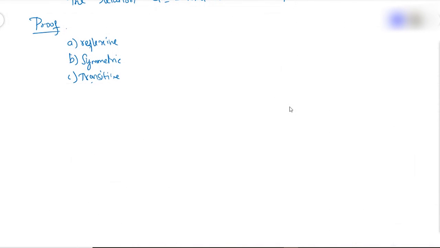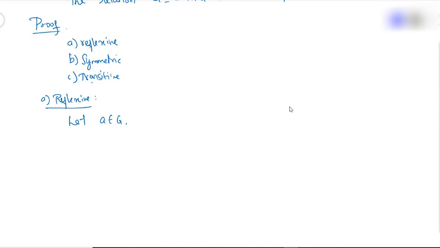Reflexive property: let a belong to G, then a should be congruent to itself.